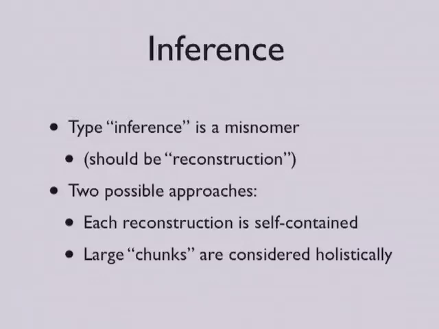So anyway, type inference. Type inference is a misnomer. Like many things in type theory, it's been misnamed. It's not type inference, it's type reconstruction. Because what we're talking about here is the compiler looking at your code, understanding your code in some deep quantitative way, and then building up your types like Lego bricks.